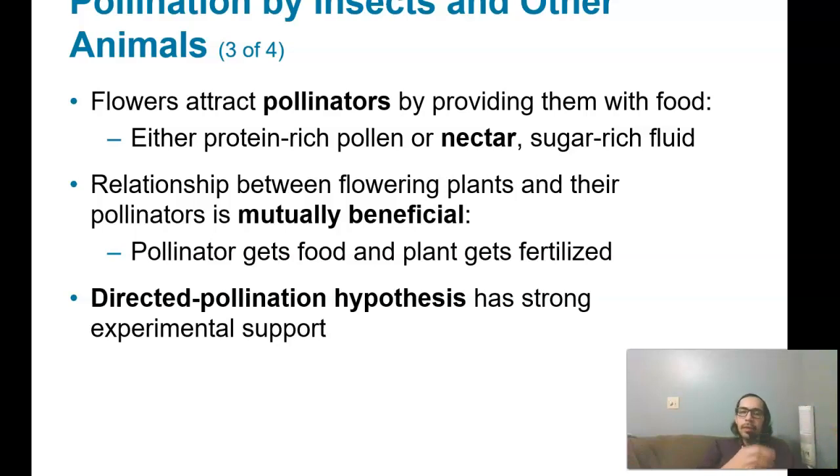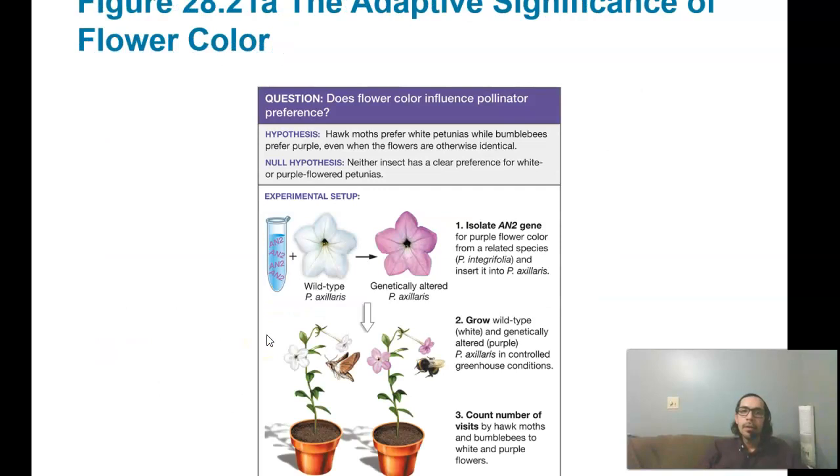Okay, so this led to the hypothesis that's called the directed pollination hypothesis. And there's a lot of experimental support for this hypothesis. One of them was looking at the color preference of different insects, like moths and bumblebees. Here they wanted to answer the question of how flower color influences pollinator preference.